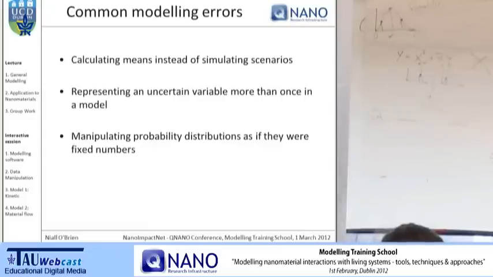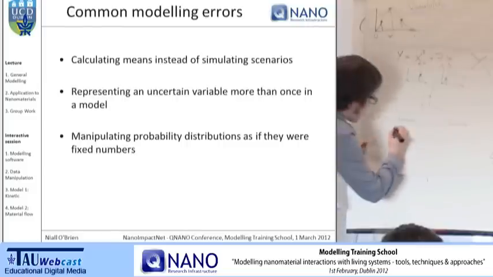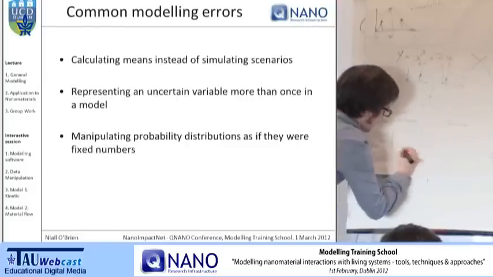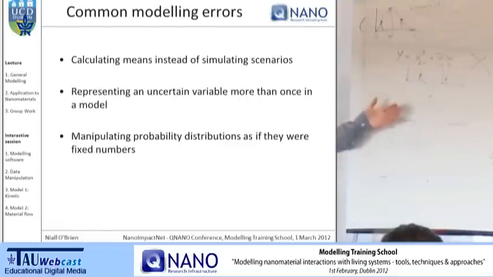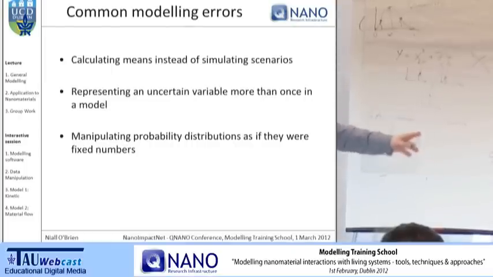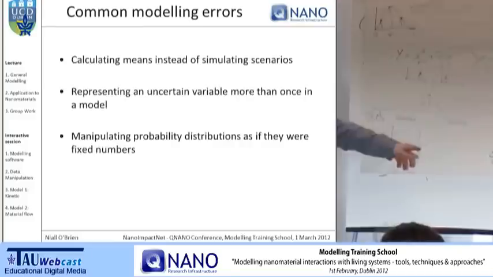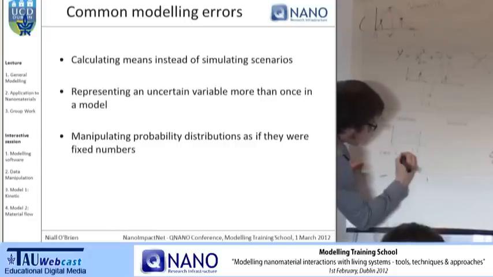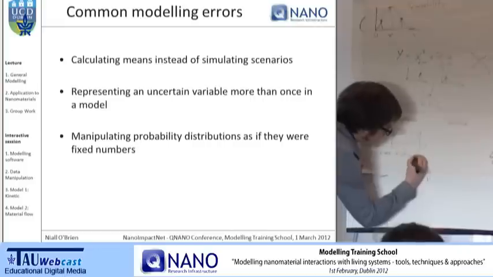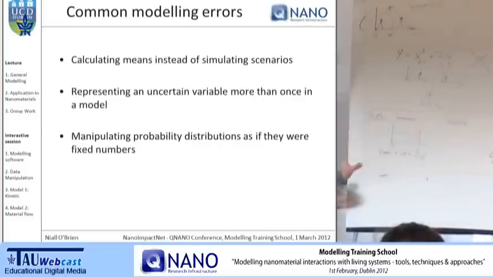So in this case, uncertain. So we just have a uniform from 0 to 1. Because we know nothing about this. It could be from this to this. And it's equal probability of it being at 1 or 0. So if we want to measure then, let's say, concentration by surface area to get surface area exposure.